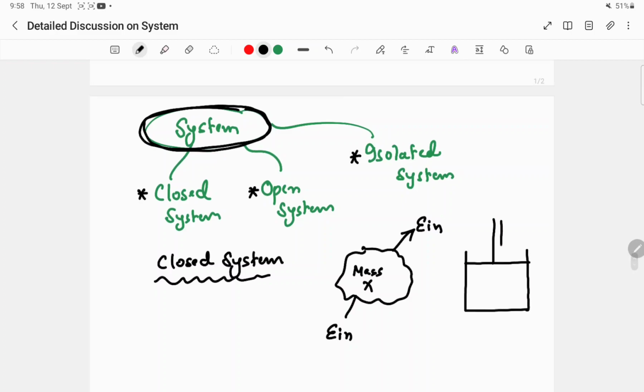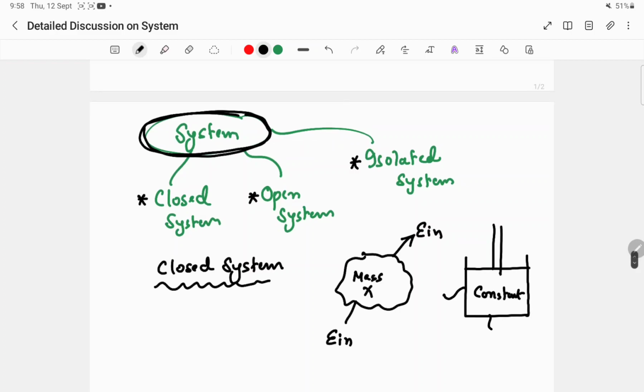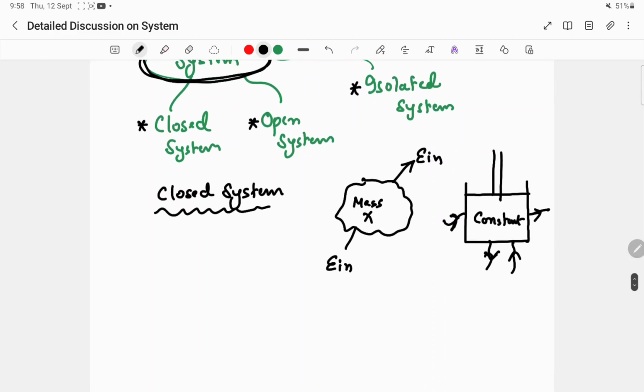Here the mass of the gas remains constant, or fixed, but the heat can go out or go in. Heat is a form of energy, as you know. So in a closed system, the mass transfer is not possible, but energy transfer is possible.